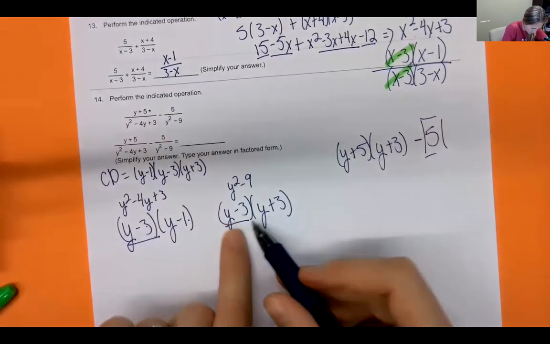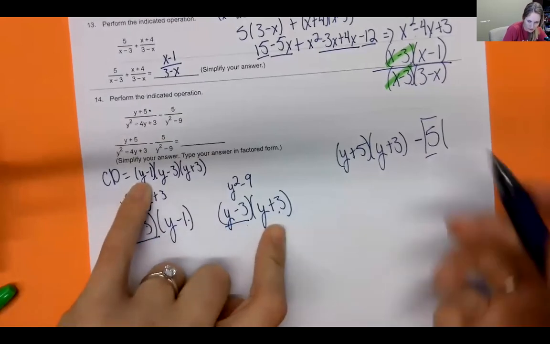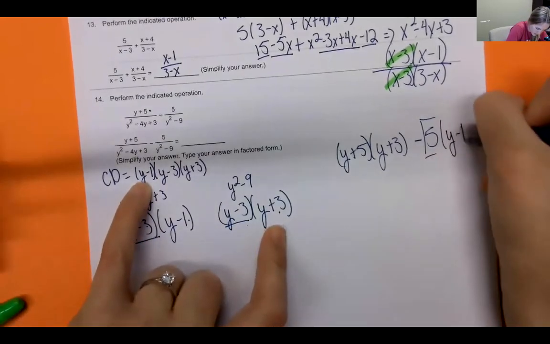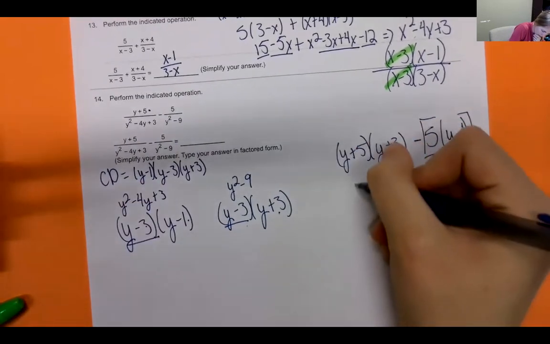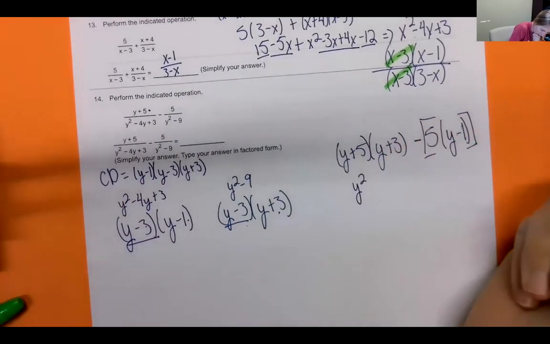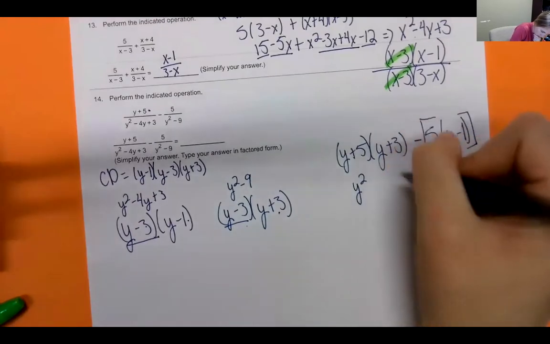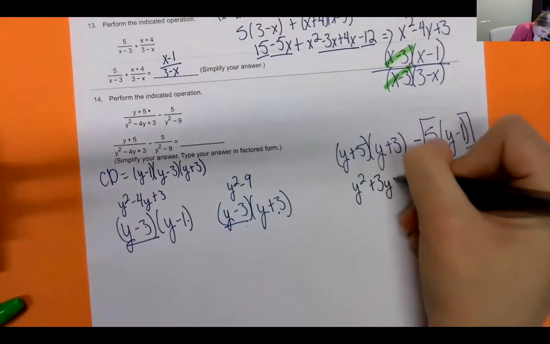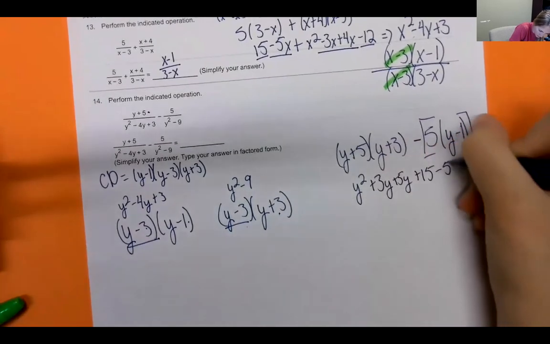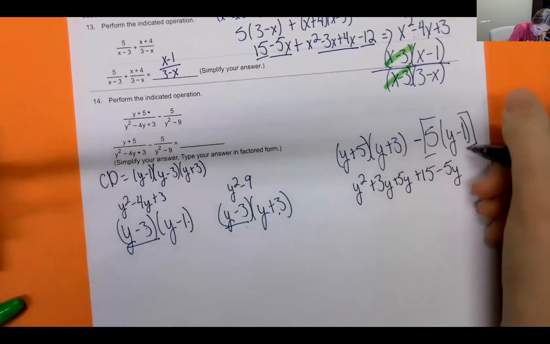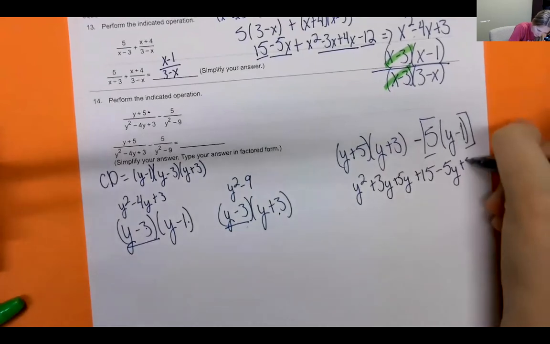And then this was over y minus 3 and y plus 3, so I need this one. And then we'll multiply this out. So I'd have y squared plus 3y plus 5y plus 15 subtract 5y. Negative times negative would be plus 5.